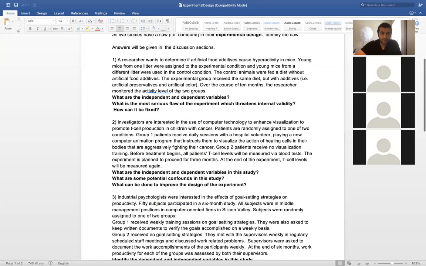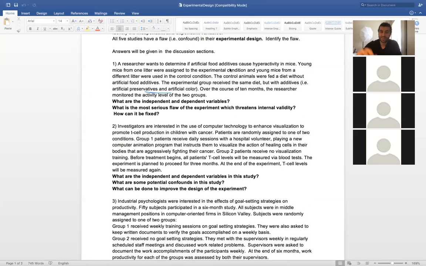So the independent variable is the food additives. This is something that we are going to add or control in our experiment to see whether the hyperactivity changes in the mice, right? So exactly, the food additives is our independent variable. And again, the hyperactivity, the thing that we are trying to measure, is going to be our dependent variable.